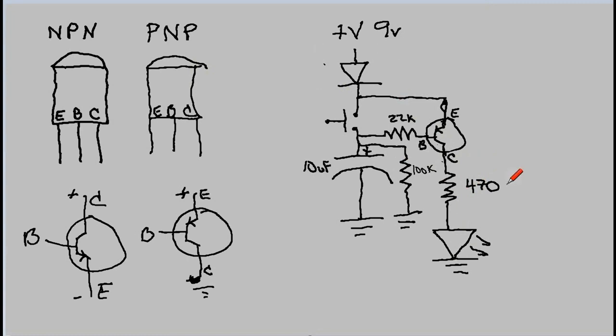But anyways, there's two circuits. Let me write that down here. This was for the PNP. Okay, so this is for the PNP. The other circuit earlier was for the NPN. This is a push button here.